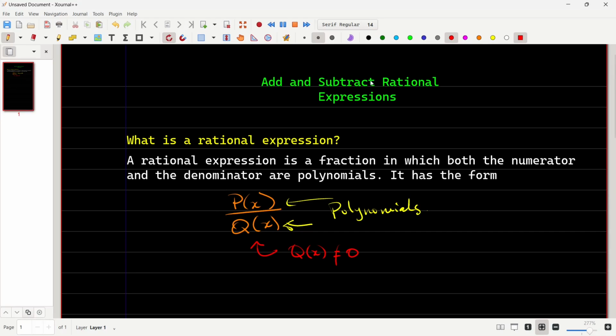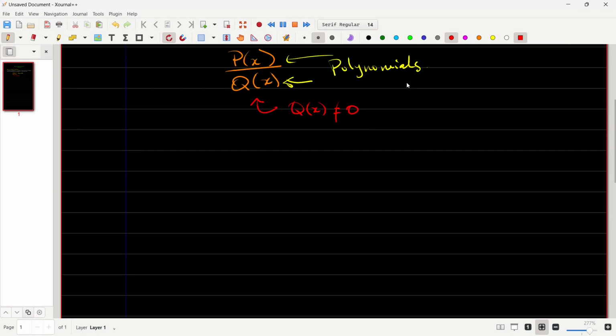Now, to solve problems involving rational expressions, you would need something equivalent to an LCM that you have in fractions. Like the LCM of the denominators is what we would need. We'll call it the lowest common denominator. All right. And this is what we would need to solve problems.